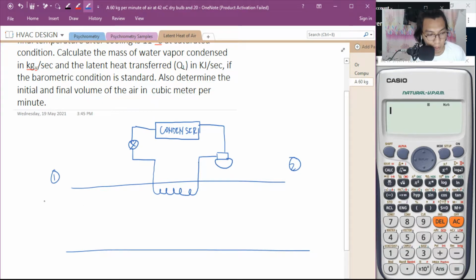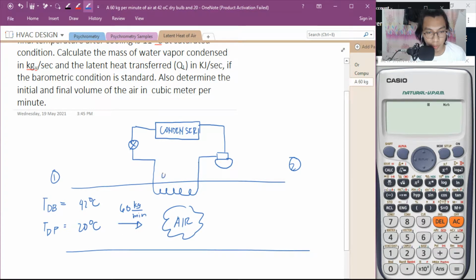At point 1, meron kang temperature dry bulb na 42 degrees Celsius. And then meron kang dew point that is 20 degrees Celsius. Now, meron kang mass of air. Yung mass mo dito is nakalagay dyan 60 kilogram per minute.